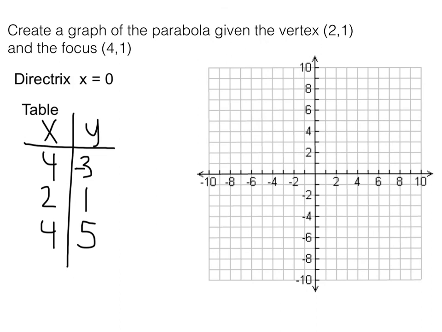I'm going to start my graph with the given information of the vertex and the focus. Then I'll continue plotting the other 2 points that I found for my table.